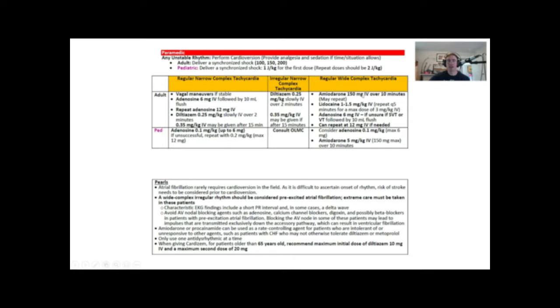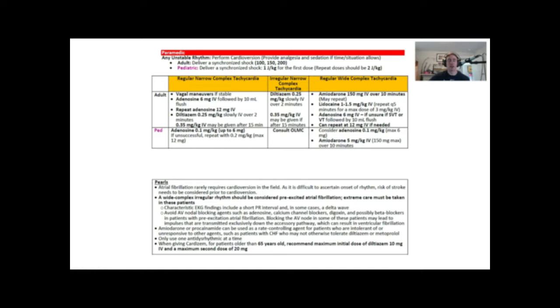Now, regular wide complex tachycardia, we talked about situations in which you might want to give adenosine versus go straight to amiodarone or give lidocaine instead of amiodarone. This is your choice. And then these pearls are especially useful.